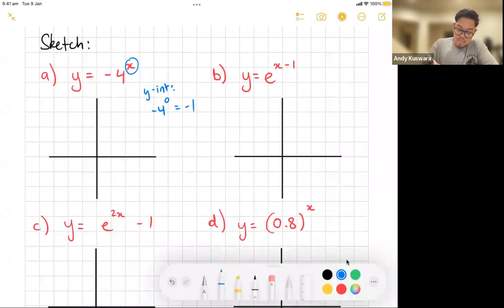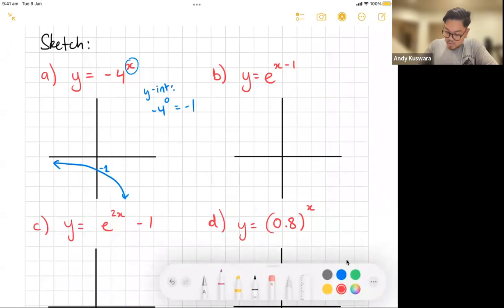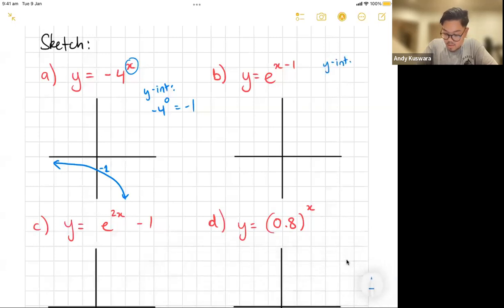So because I remember a negative power will kind of go this way, it's just going to go down that way. And I'm going to cut at negative 1. Done. Move on to the next one. If I have y equals e to the x minus 1, how do I find my y-intercept?